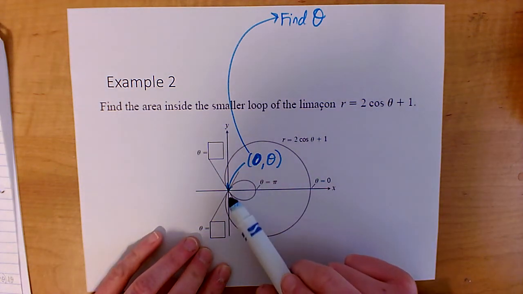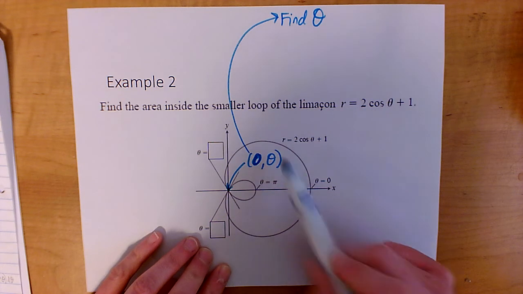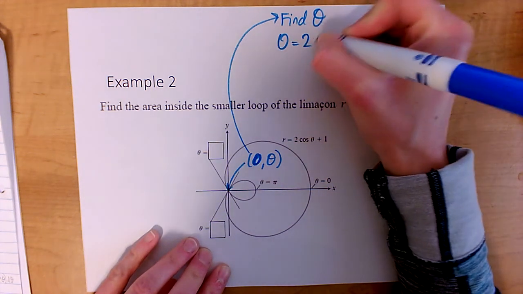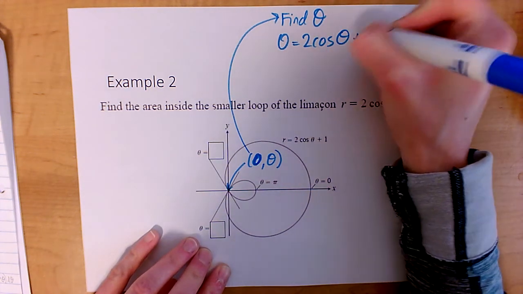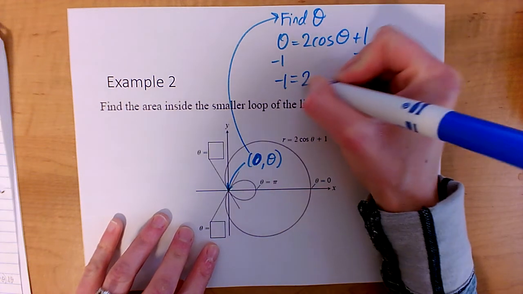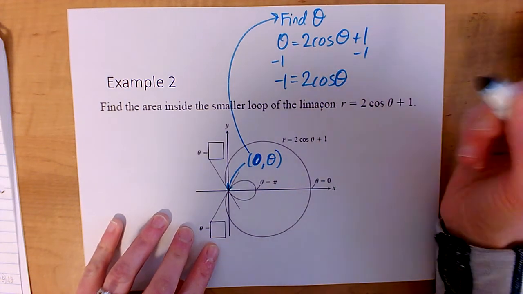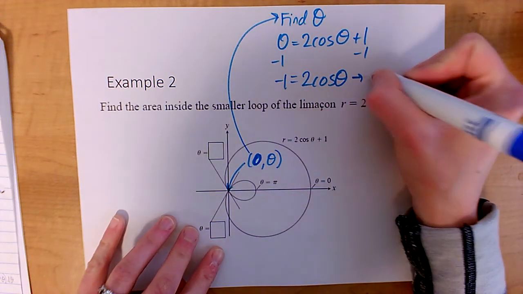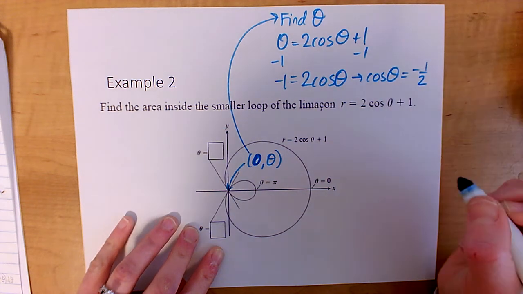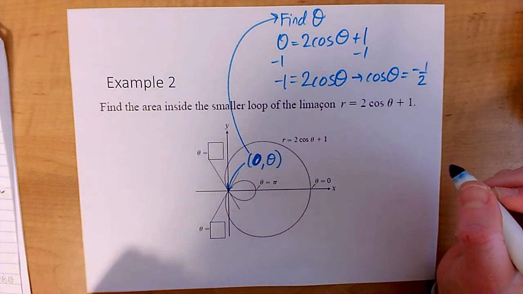So we know that it's going to hit that angle whenever our radius is 0. So we could start off with 0 is 2 cosine theta plus 1. So subtract 1, negative 1 is 2 cosine theta, and then cosine theta is negative 1/2, okay?